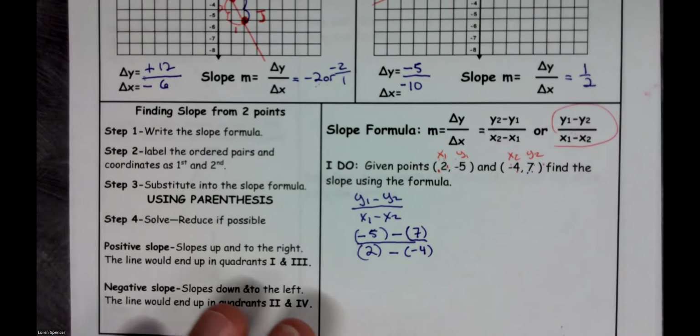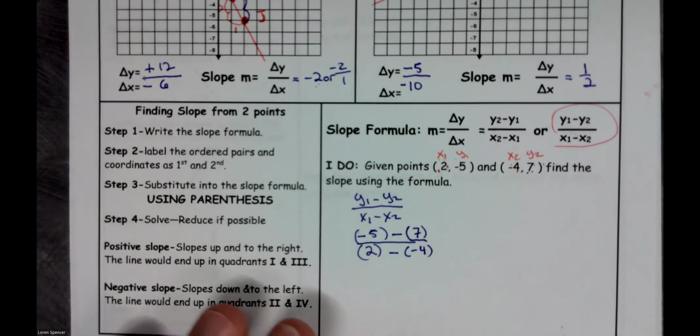It really doesn't matter. I'm going to go ahead and do the denominator first. So I have parenthesis 2, close parenthesis, minus parenthesis, -4, close parenthesis, and I get 6. So 6 is going in the denominator.